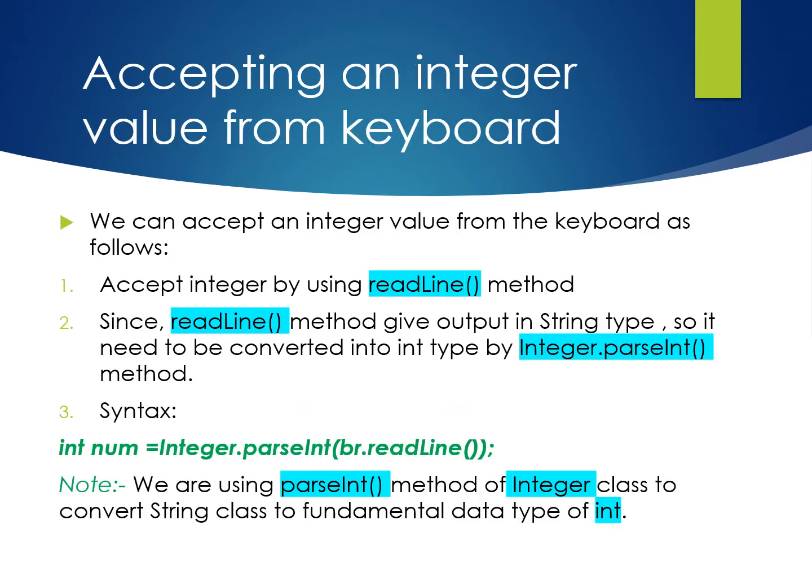We can accept an integer value from the keyboard by using the readLine method and then converting the string type given by the readLine method to integer type by using Integer.parseInt. We cannot use casting or another method here, because in casting we can convert only a class type to a different class type, or a fundamental data type to another fundamental data type.